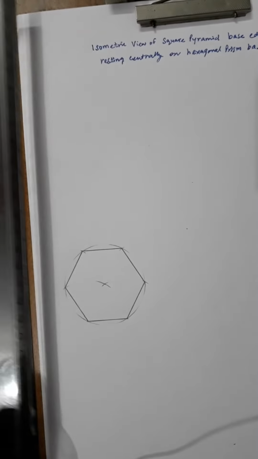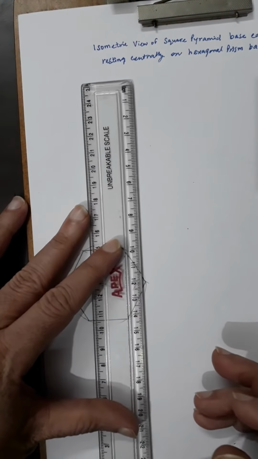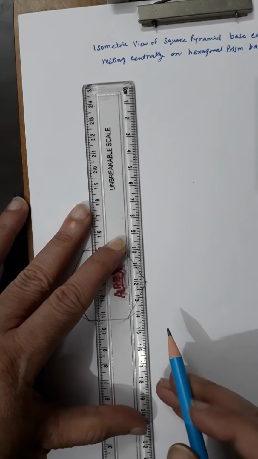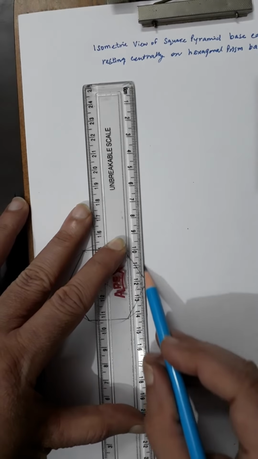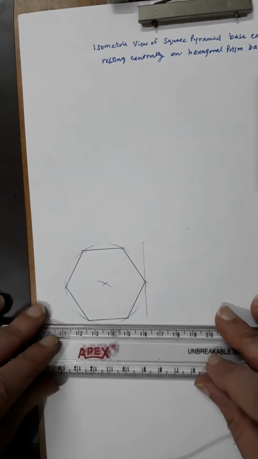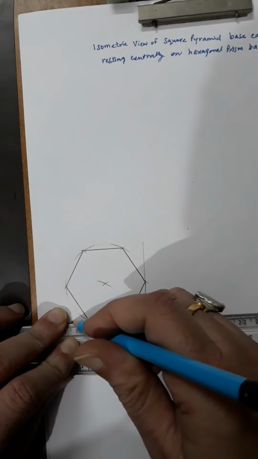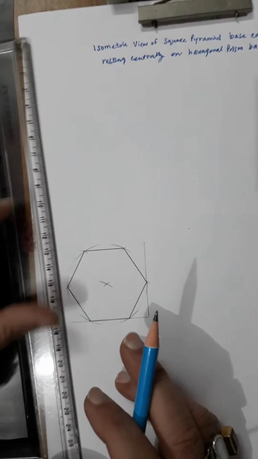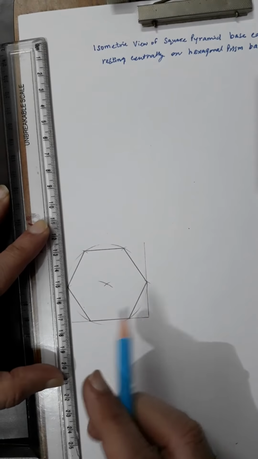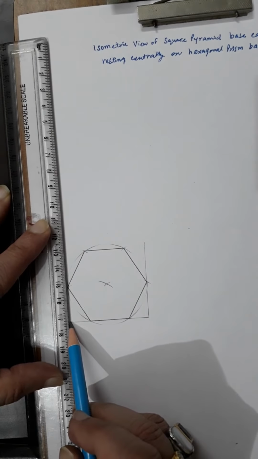Now you can make this outside rectangle. You can draw the vertical edges as well as the horizontal edges. As usual, you have to make the outside rectangle.